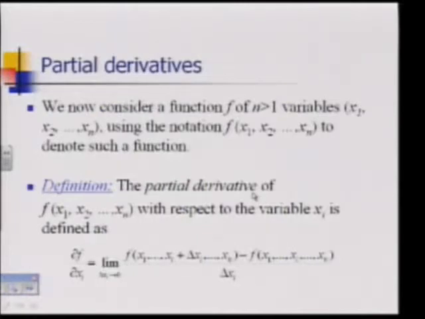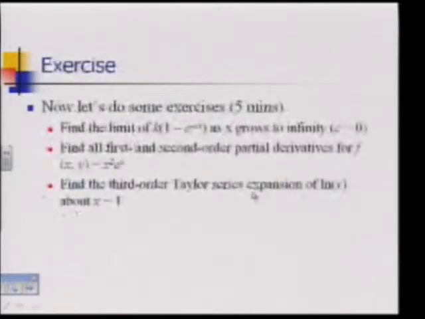So that's the definition of the partial derivative. Most of the time, we don't really do that by hand. Either we know the function and can easily compute using mathematical properties or table lookup, or we have to write a computer program to compute this numerically. So let's do some exercises for this very quickly.